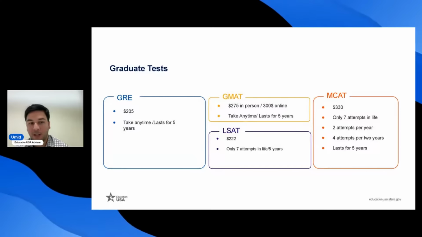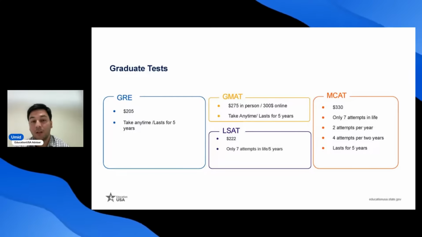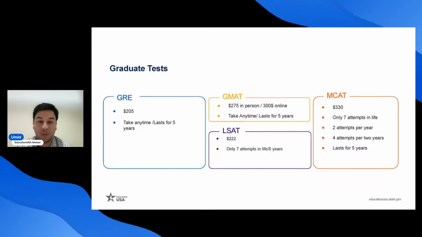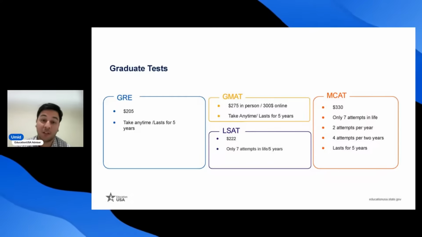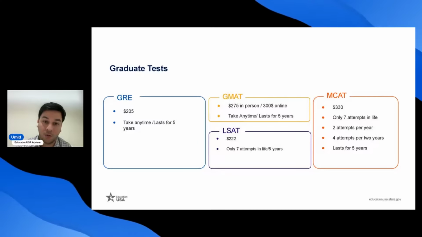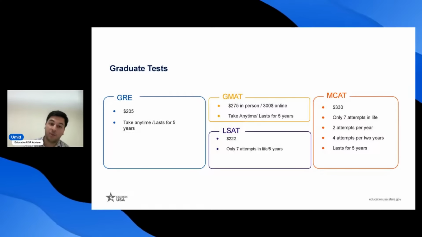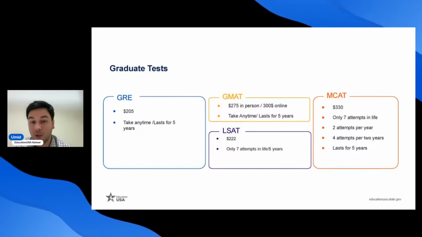For law schools and medical schools, you can have only 7 attempts per life. And especially if you want to go to medical school, you have only 2 attempts per year and 4 attempts per 2 years. For the GRE and GMAT, it's a different situation. You can have as many attempts as you want.